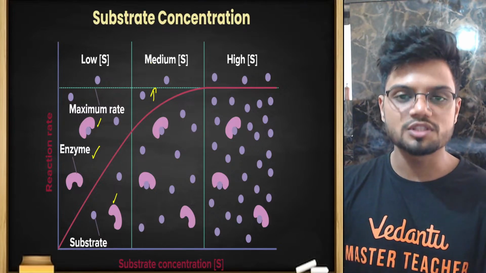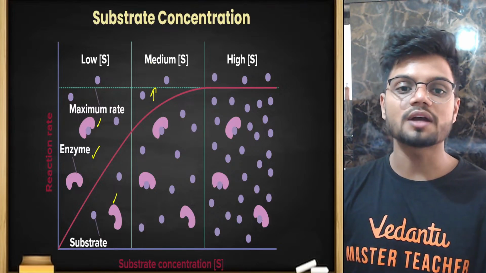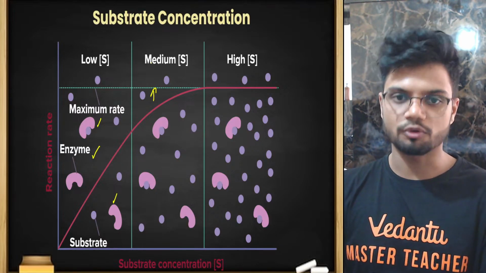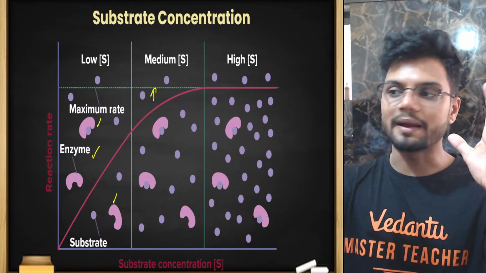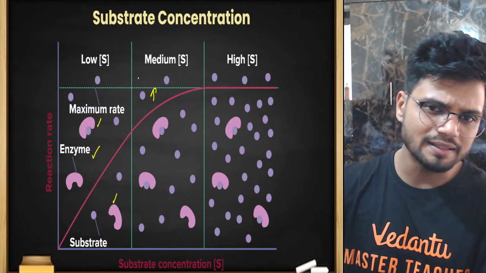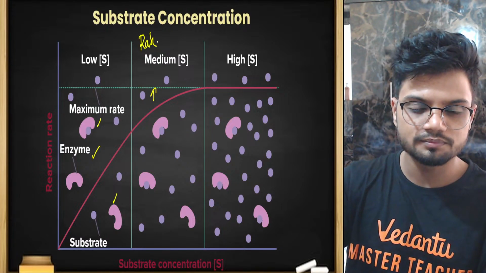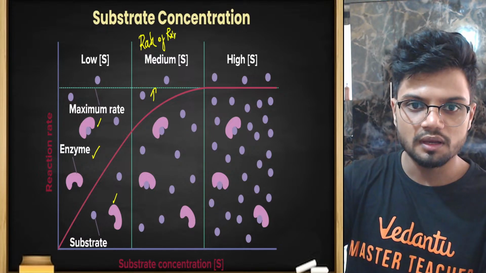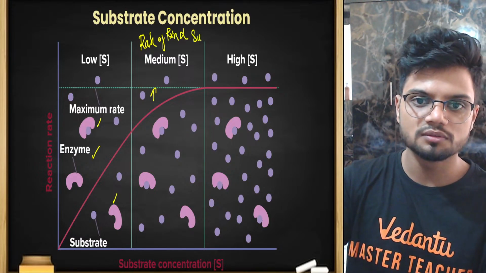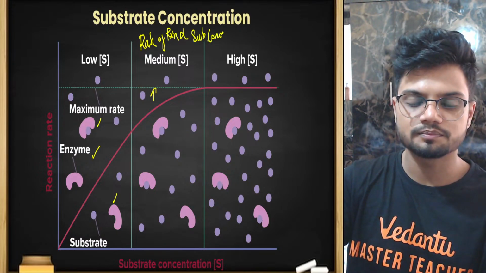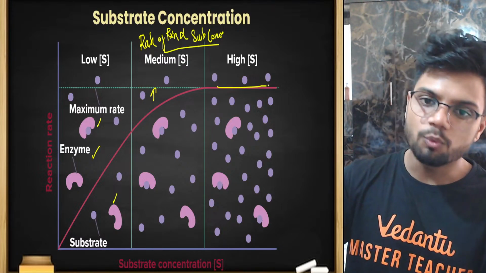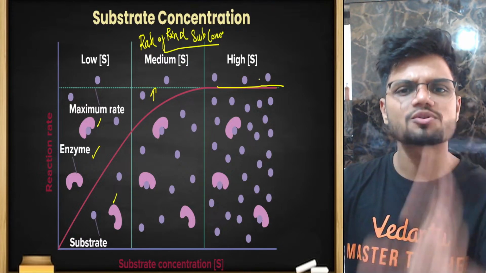If you add more substrate, obviously the chance of reaction happening is increasing, because more substrate is binding to the enzyme now. So, can I tell in the medium range, the rate of reaction is directly proportional to the substrate concentration in the medium. But at one point, students, it becomes saturated. Why?